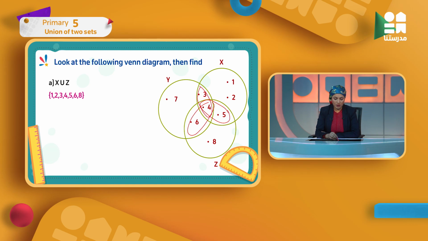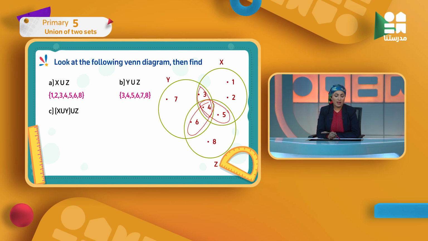Then I move to the other question, Y union Z. Okay, so I go to Y and Z and write all the elements in both of them. So the answer will be 3 4 5 6 7 and 8.